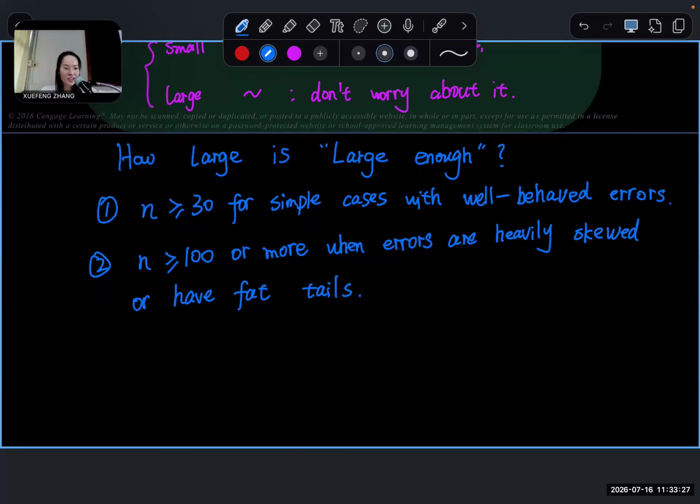So if you are doing finance, be careful about using the normal distribution assumption, okay? Because when you present your work, the advisor will question you about your error distribution.